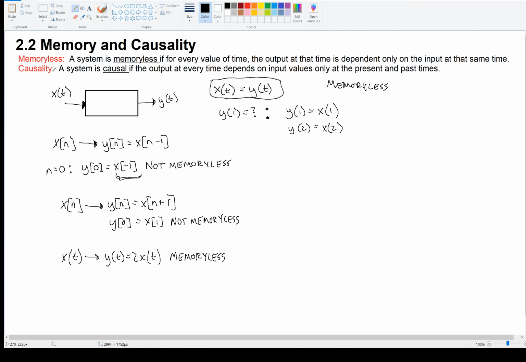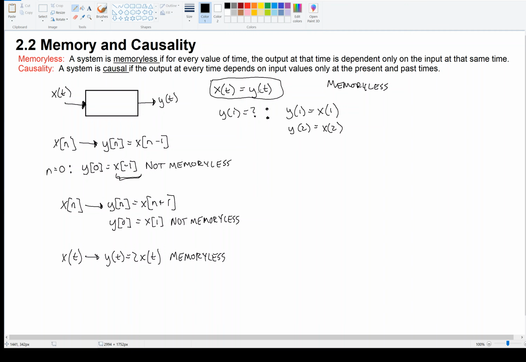Now, causality. A system is causal if the output at every time depends on input values only at the present and past times. So this is like memoryless, but we're allowing past times as well. Let's look at the very first system we did, which was the identity system.